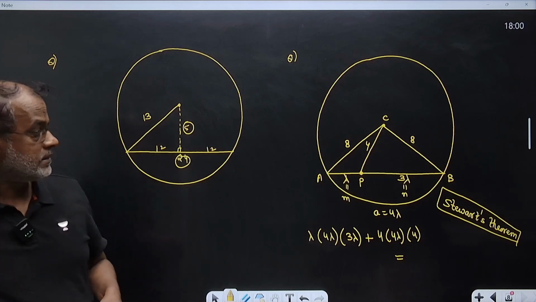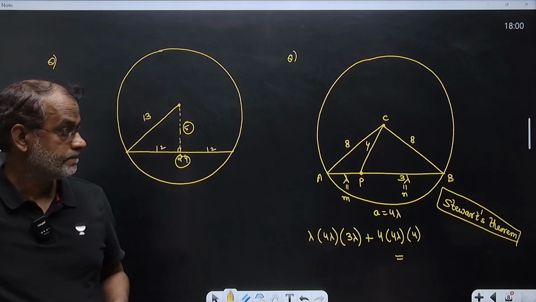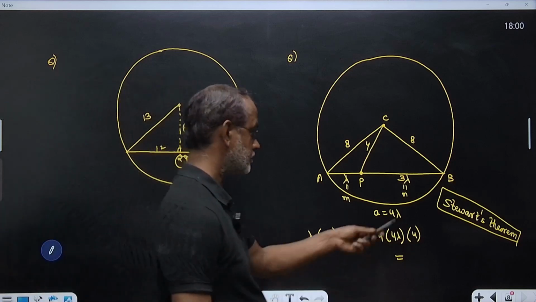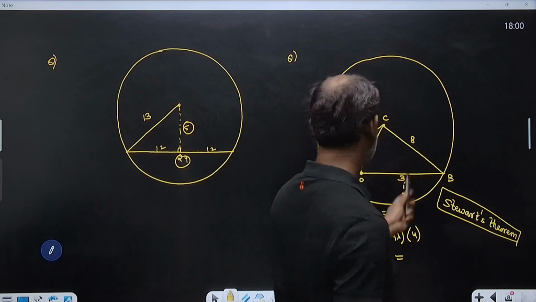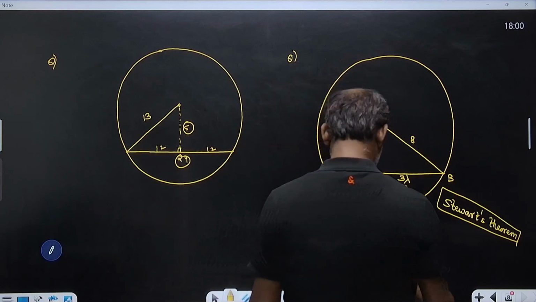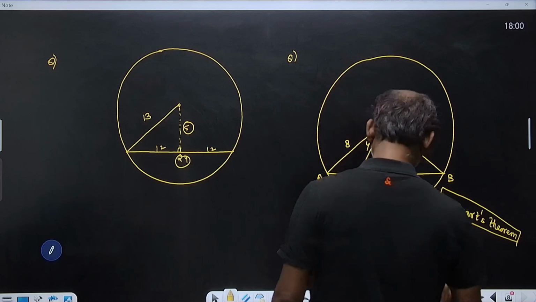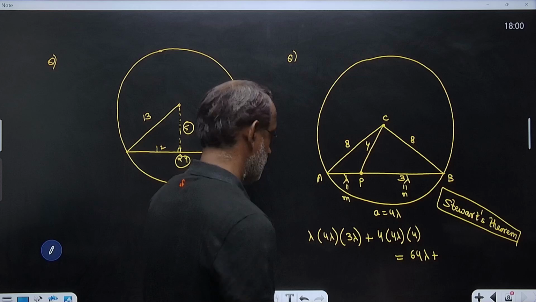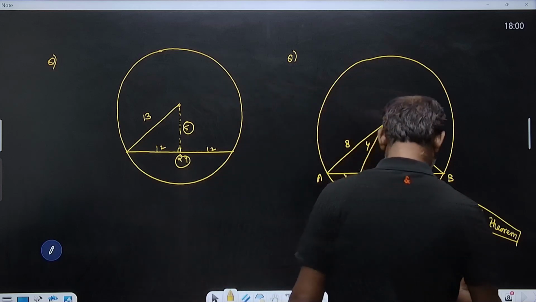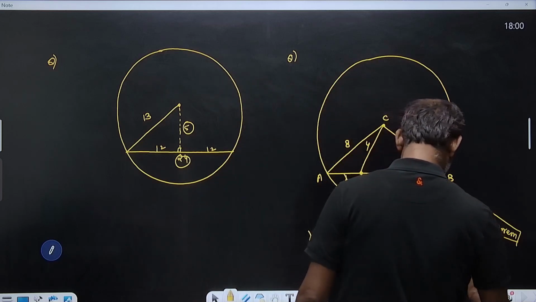So, what is CNC? This BMB, so 64 lambda BMB plus 64 into 3 lambda.